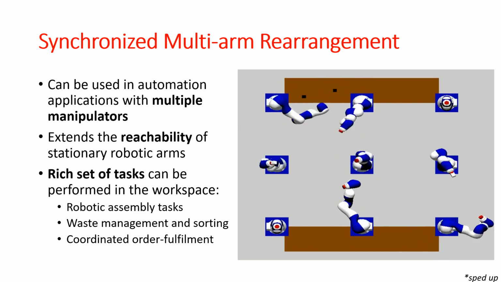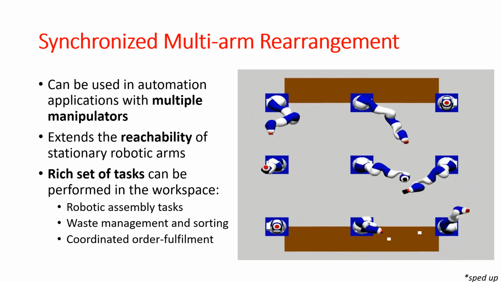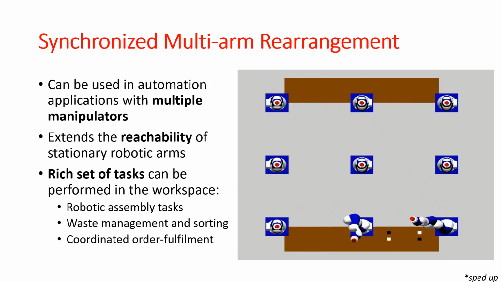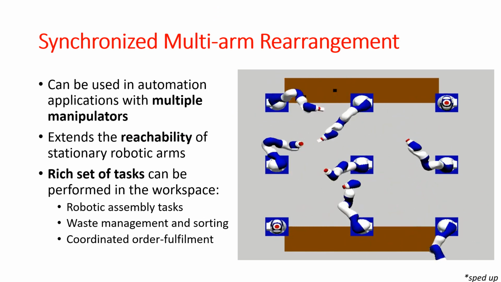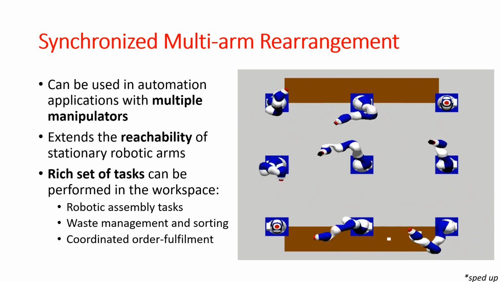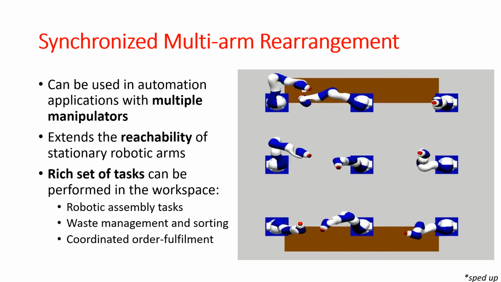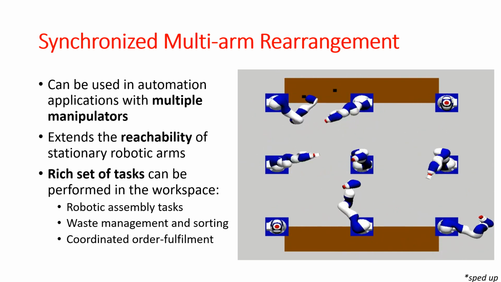Now, synchronized multi-arm rearrangement is an interesting interface with compelling needs in automation and robotic technologies, where you might have scenarios where multiple robotic arms are available at your disposal.